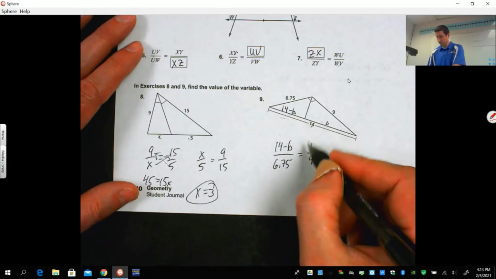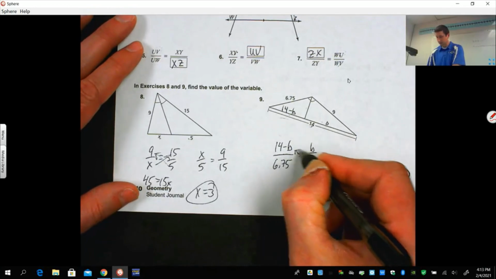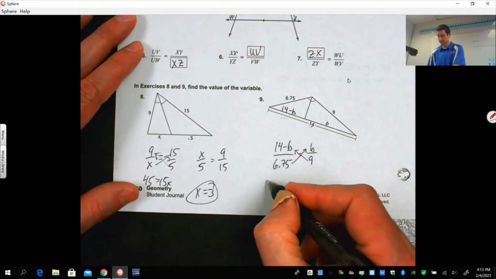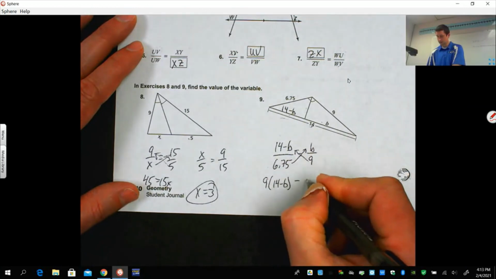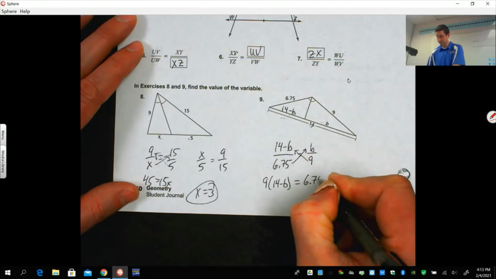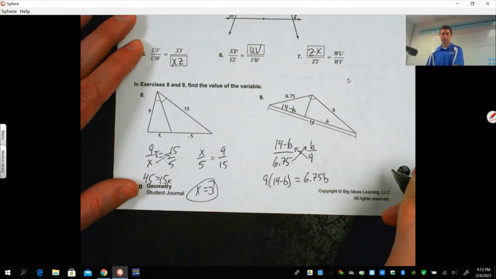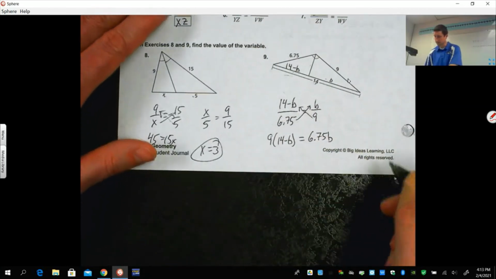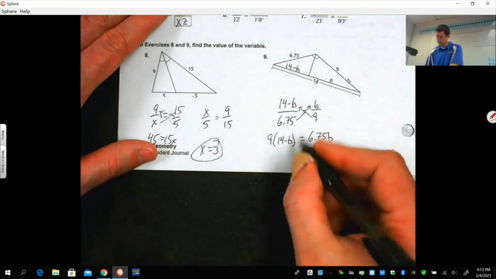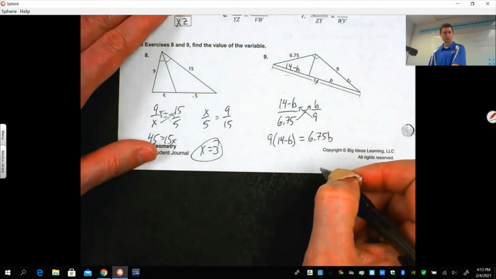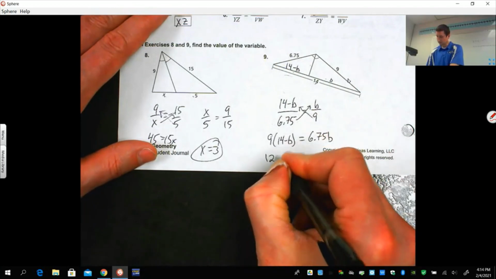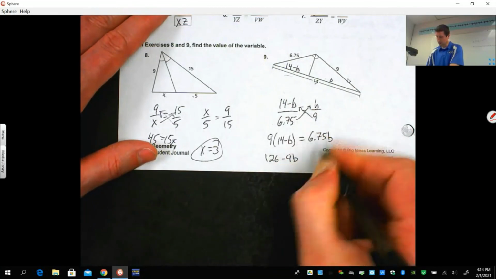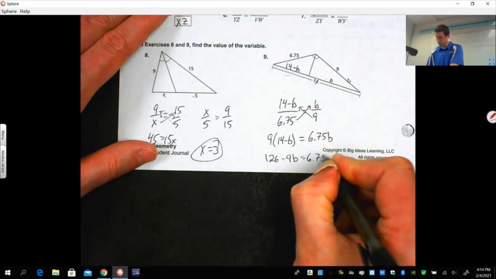When we cross multiply, you will have to distribute the 9. So this is 9 times 14 minus b equals 6.75b. Distribute the 9. 9 times 14, well 10 times 14 is 140, so 9 14s should be 126 minus 9b equals 6.75b.